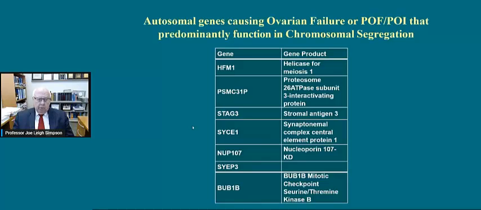These have to be perfectly timed in order for cell division to occur, especially mitosis, which has to turn on at some point in time and be very efficient. So a helicase is an important concept that's necessary for meiosis 1. We don't need to go into it, except a mutation produces ovarian failure.